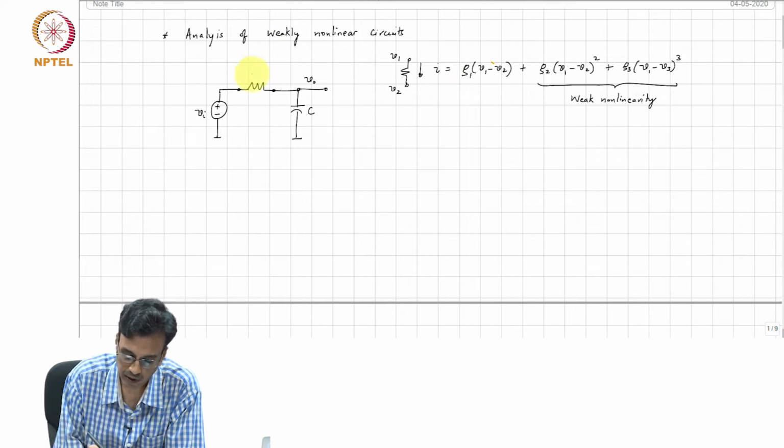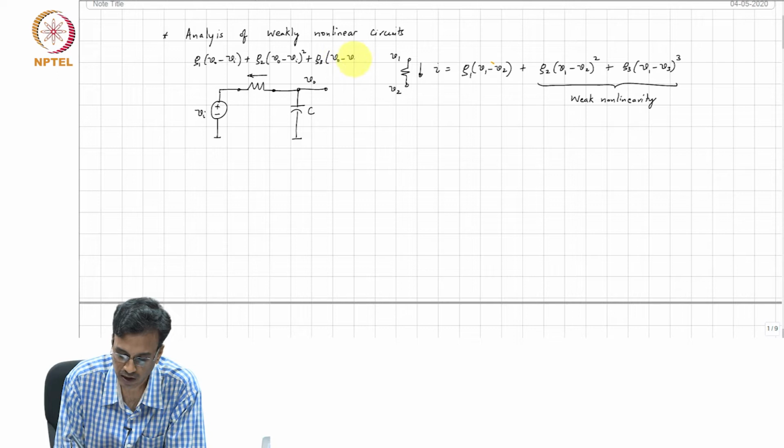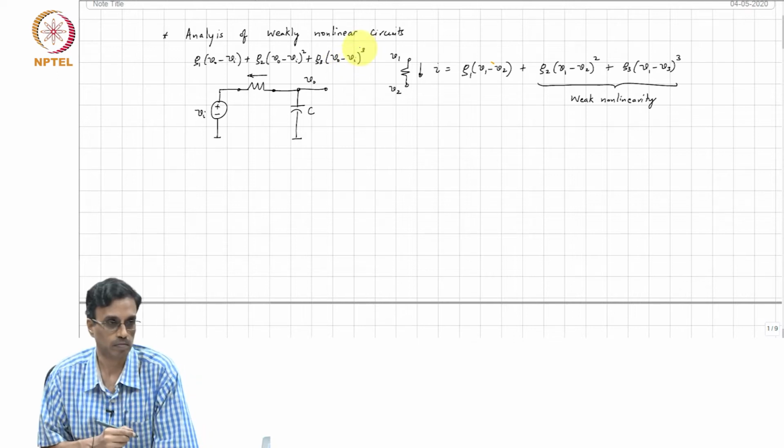So, this current therefore would be G 1 times V o minus V I, plus G 2 times V o minus V I the whole square, plus G 3 times V o minus V I the whole cube.